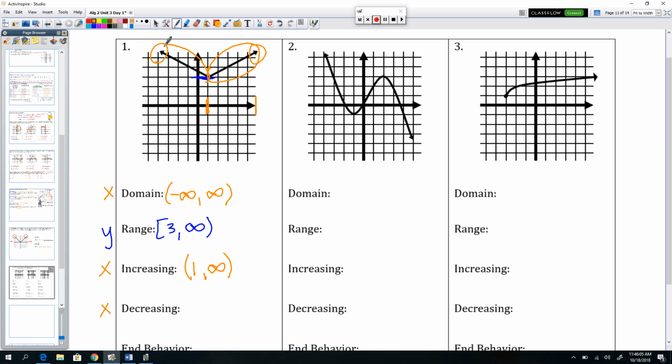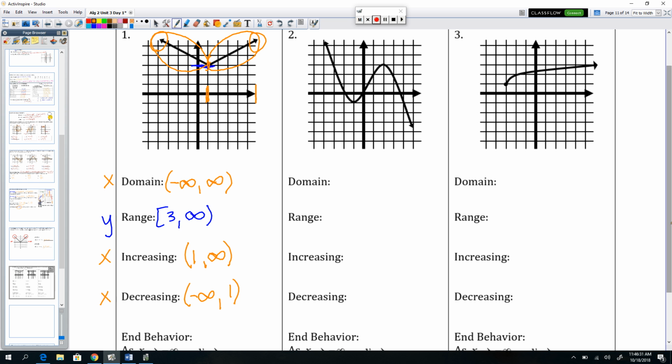Hopefully you also see that this part of the graph, as you read it left to right, is going downhill. The beginning of that decreasing interval is over here. It starts with negative infinity. The end of that decreasing interval is this value of positive 1. So the interval over which this graph is decreasing is from negative infinity to 1.